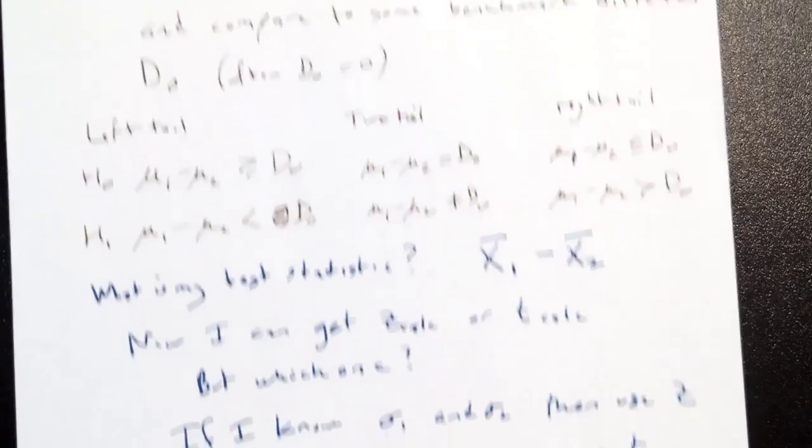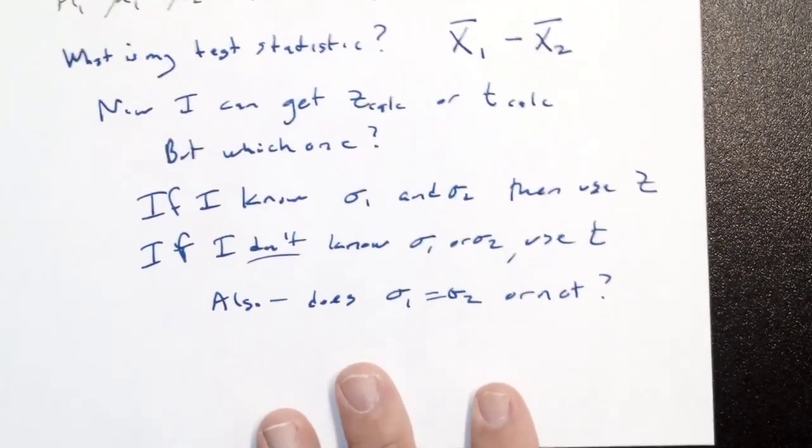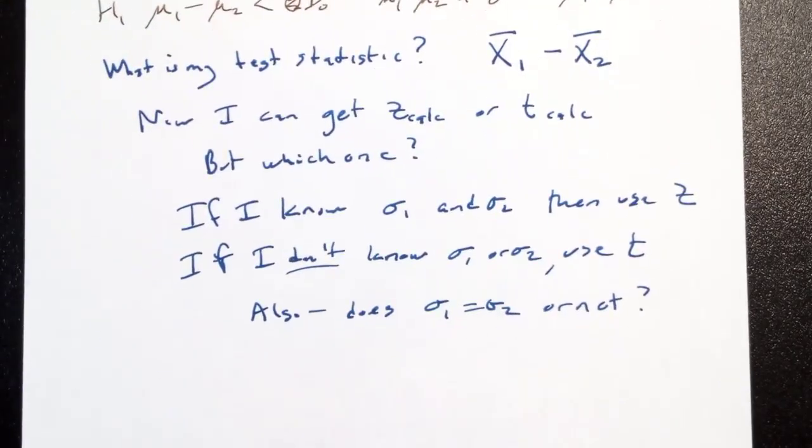What was our definition of independent when we were talking about probability? That's all the way back in chapter 5. What did independent mean?